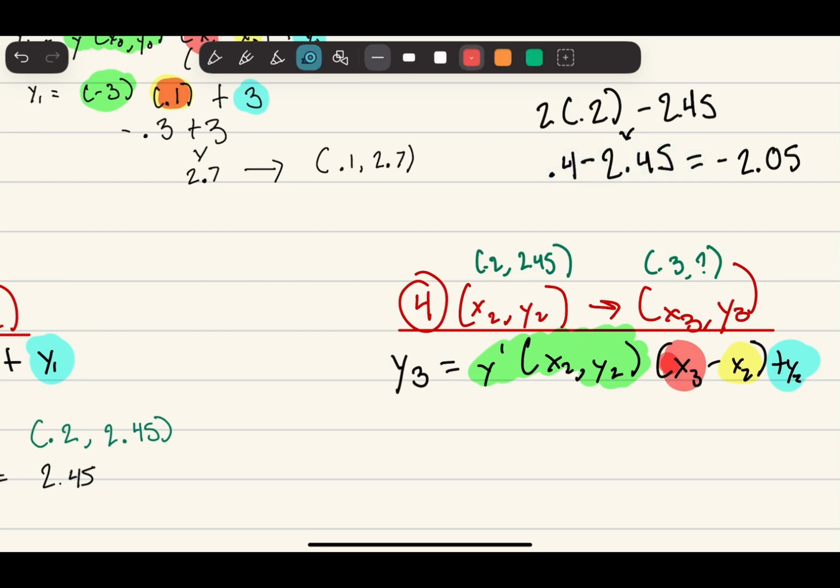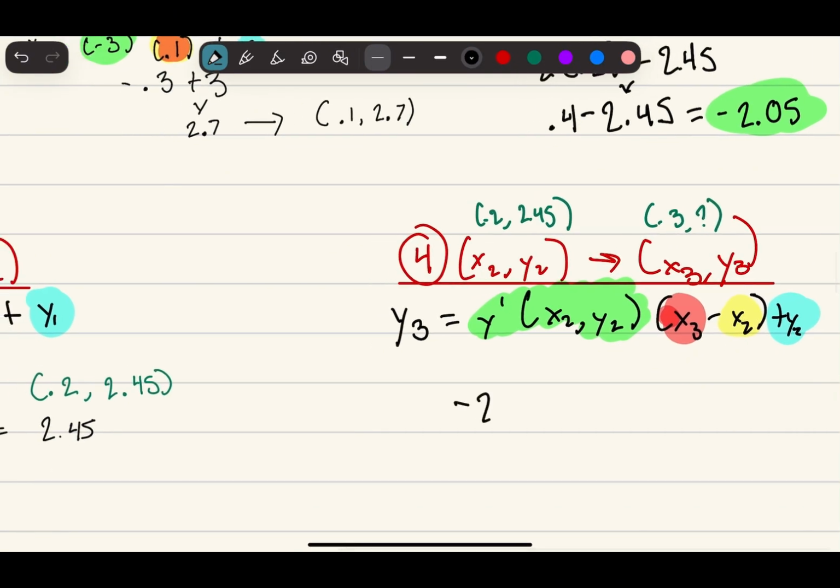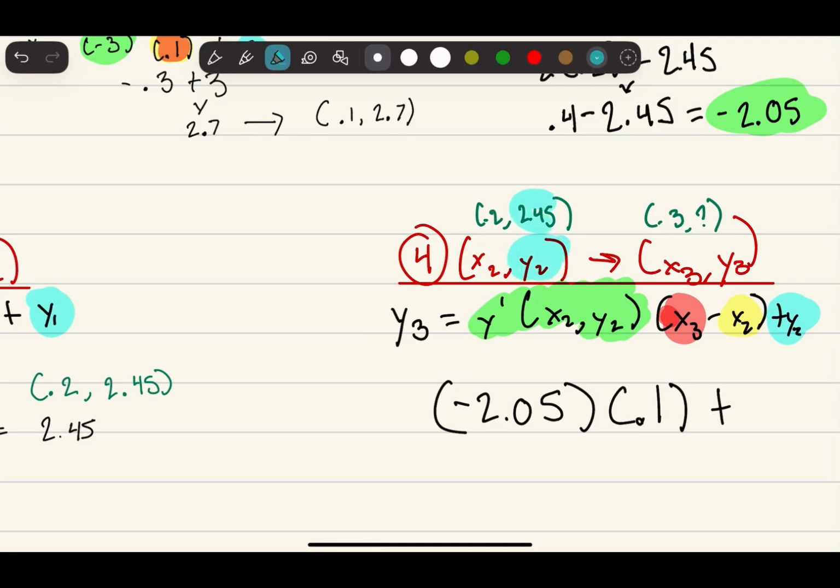And boom, that's our y prime. Okay, we plug that in right here. Always going to be 0.1, and our y2, as I pointed out earlier, 2.45. Okay, let me just do the math now.